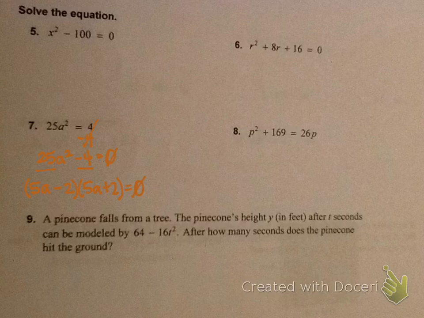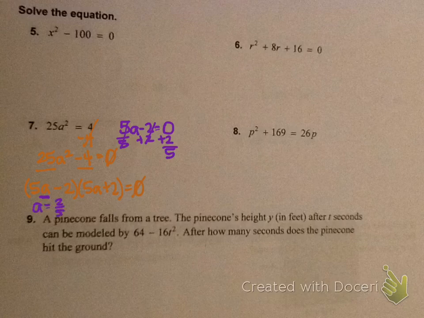So for this a to equal 0, we do 5a minus 2 equals 0. Add 2, divide by 5, so a equals 2/5. And on this one, we subtract 2, divide by 5, and we get negative 2/5.